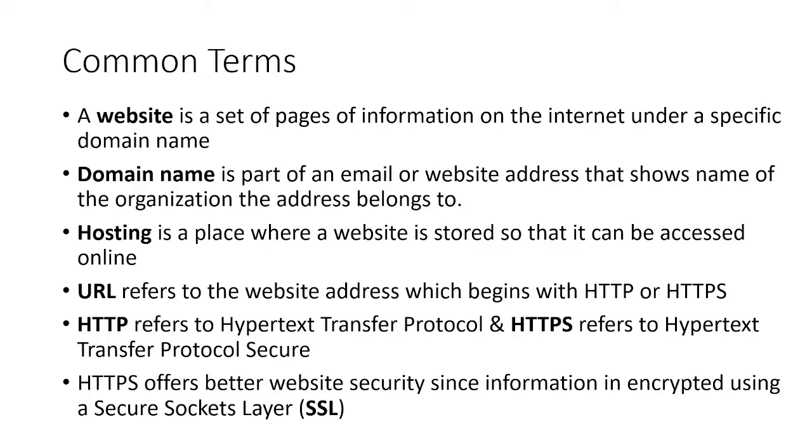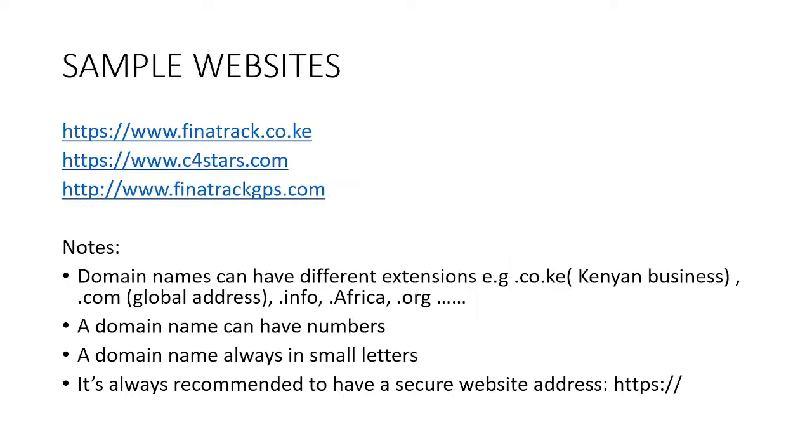HTTP refers to the hypertext transfer protocol, whereas with HTTPS, you can notice we only add additional security. So it's hypertext transfer protocol secure. HTTPS is mainly recommended, and it enhances the security for your particular website.